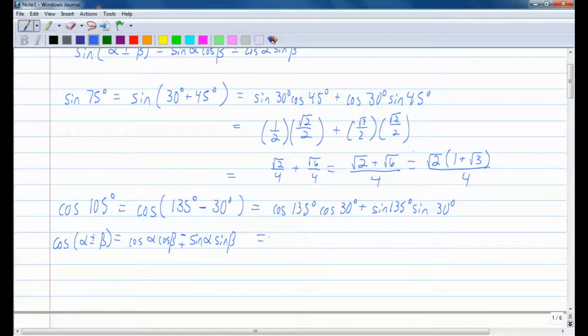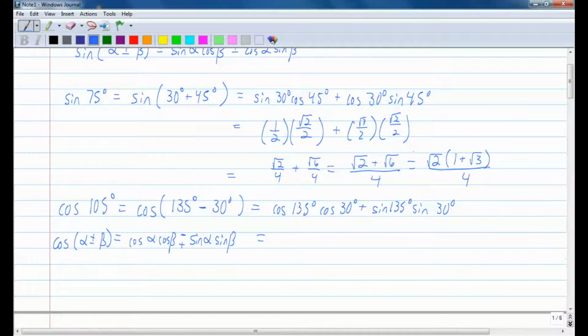Okay, so to find the cosine of 135 degrees, the easiest way is to use a unit circle. Go to the second quadrant, and at 135 degrees you have the point negative square root of 2 over 2 for the x and positive square root of 2 over 2 for the y. So if I want to take the cosine of that, cosine is the x value.